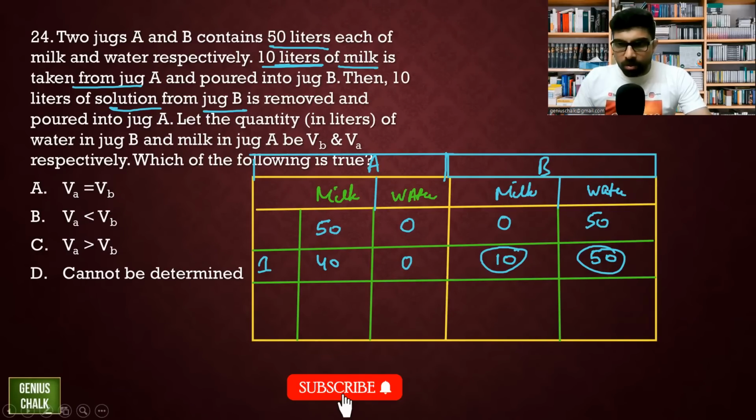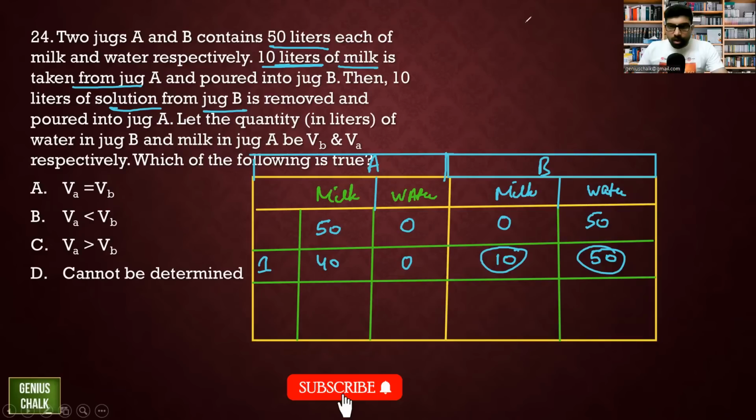So let's write it here, milk, water. It is 10 and it is 50. What is the ratio? 1:5. So if I am transferring this 10 liters again to jug A, it will be in the same ratio. This is my point. So from this milk 10 and water 50, it will be in the ratio 1:5.